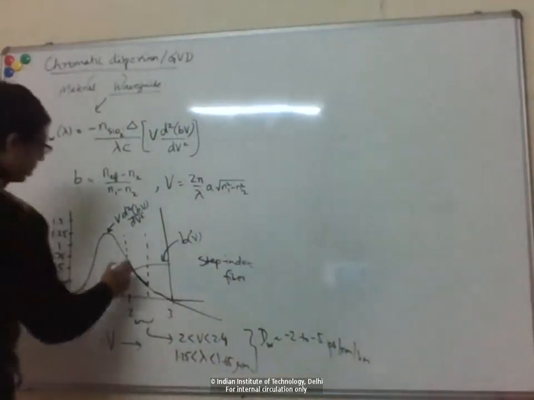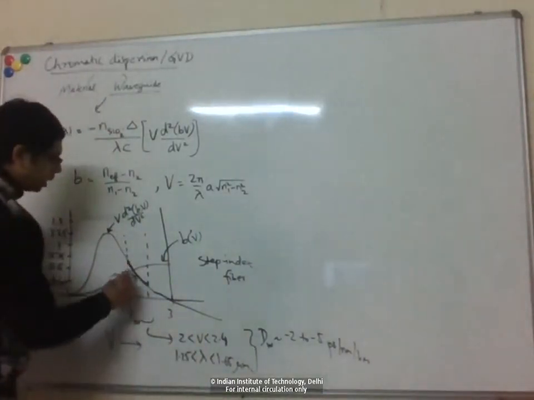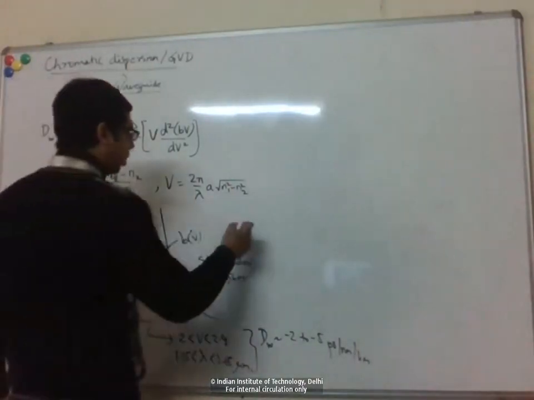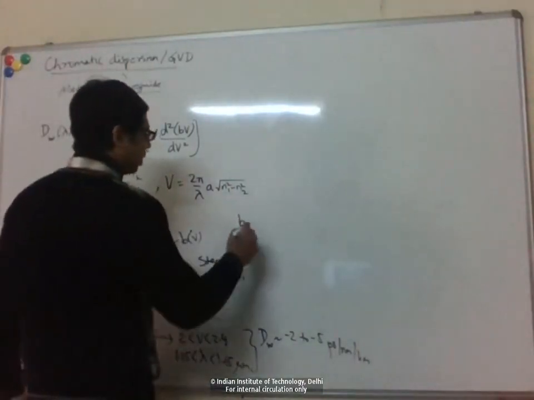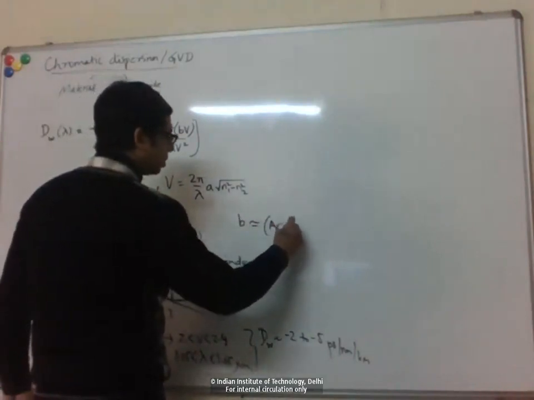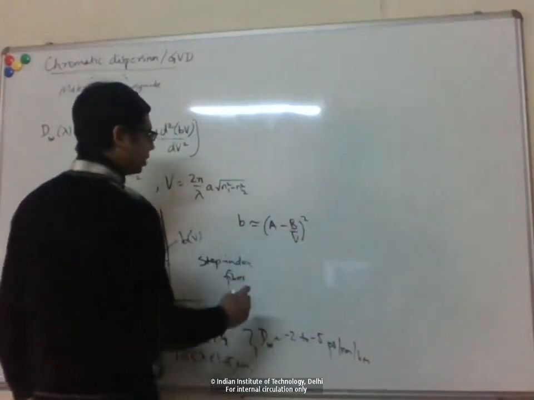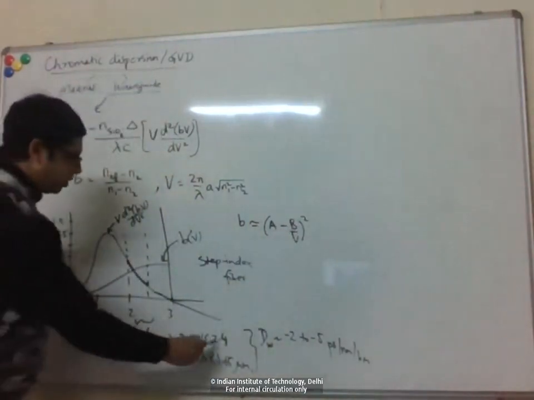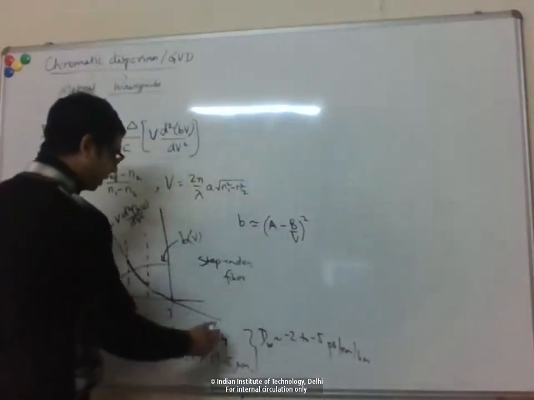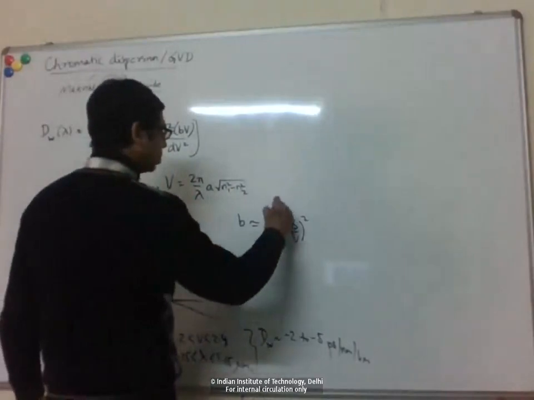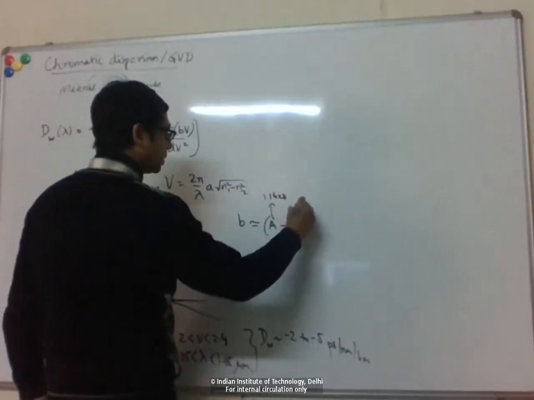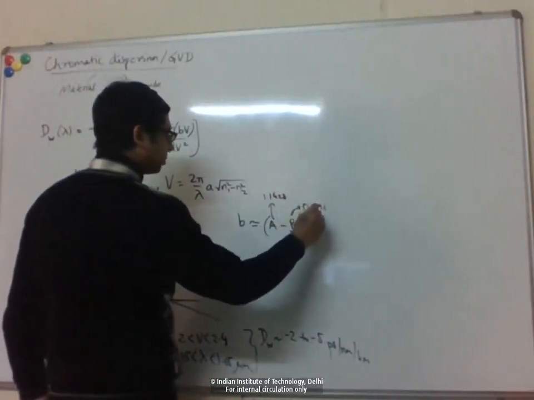In this range, it's also very easy to compute what the exact dispersion value is. Recall we had this empirical relation for b as a function of V. It was something like this, valid for this range of V between 2 and slightly bigger. These were two constants, I think 1.14 something, and 0.996 or something.